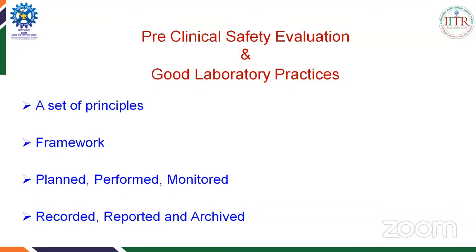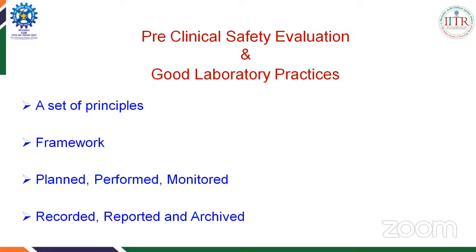I'll be talking mostly about the good laboratory practices that need to be followed in a preclinical safety evaluation scenario. So basically, GLP is a set of principles. This is just a textbook definition: a set of principles or a framework based on which preclinical safety evaluation studies are planned, performed, and then monitored.